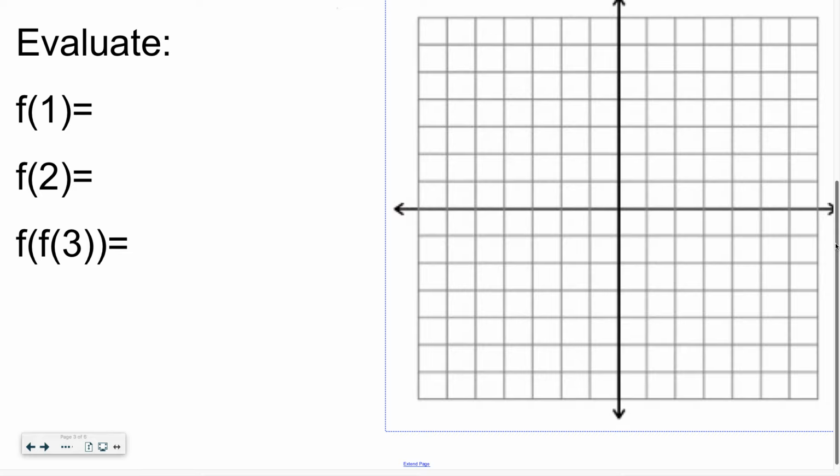The answer is a number. So x is 1, and you're finding the y value. So it's just 1 number. 1 number is your answer. Well, there's 3 pieces, right?